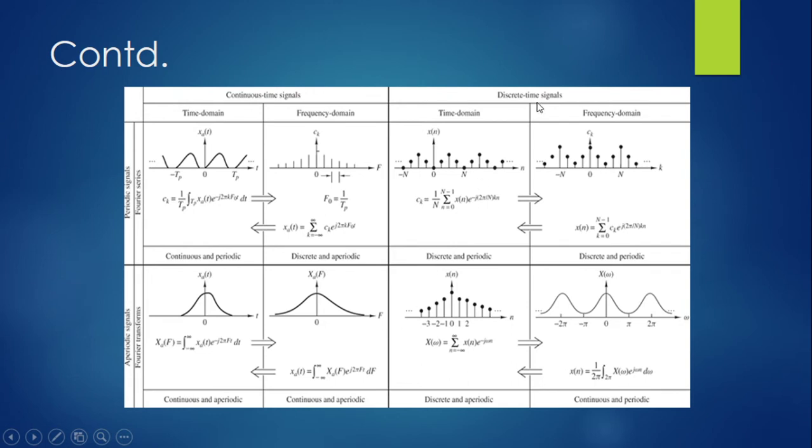Now coming to the discrete signals, this signal is obviously discrete and periodic. It's repeating itself. This is its analysis equation. Now, in frequency domain, what you get is discrete and periodic.